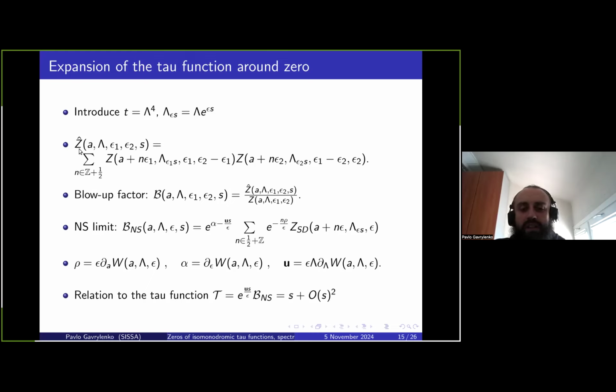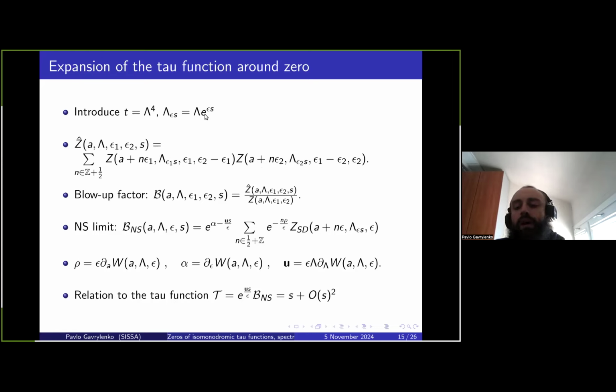It's the ratio of two partition functions, and the numerator has this form of block relation, but with modified lambda. It is written in this symmetric way. In a sense, one term contains shifts by epsilon1, another term contains shifts by epsilon2, and it has some gauge theory interpretation. So this ratio is called block factor.